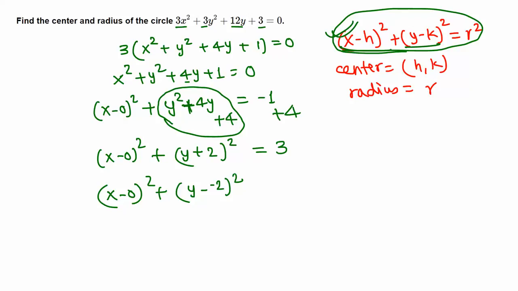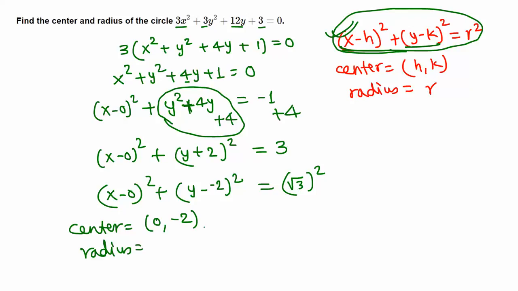Y minus negative 2 squared, just to put it in this form, (y minus k) quantity squared, is equal to 3, which is the same as root 3 squared, because square and square root cancel. Now from this we can write down the center (h, k). H is 0 and k is negative 2, and the radius is root 3. Okay, final.